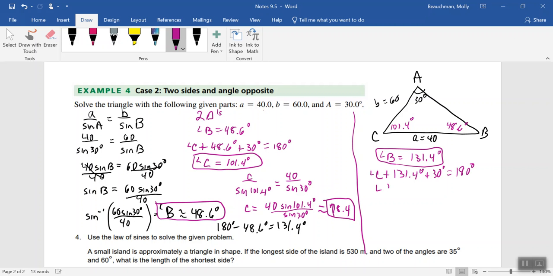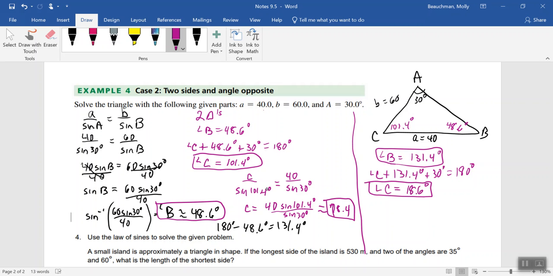So in this triangle, angle C is equal to, we do our subtraction. Let me get the calculator up here. 18.6 degrees. So that makes it another triangle.